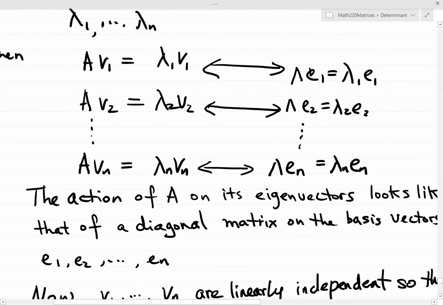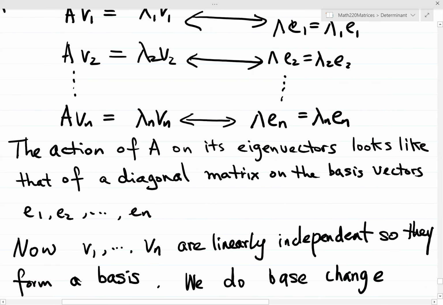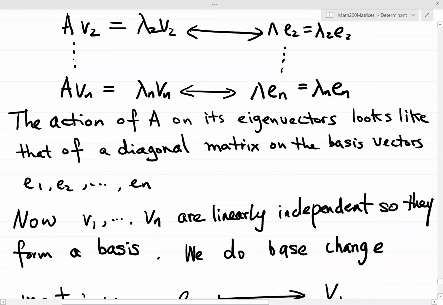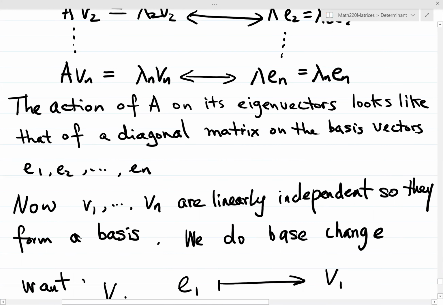So if we change the basis, we can relate v1, v2, vn to e1, e2, en.